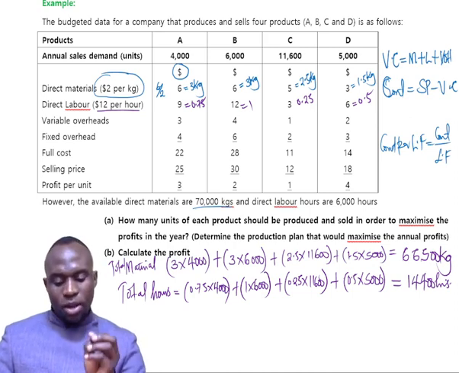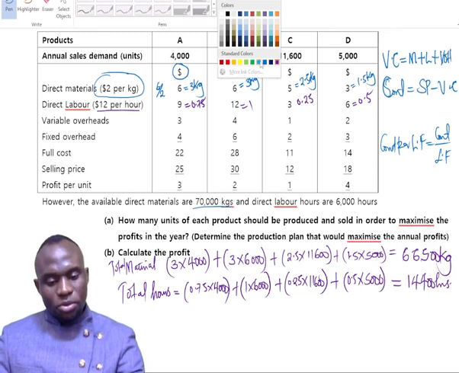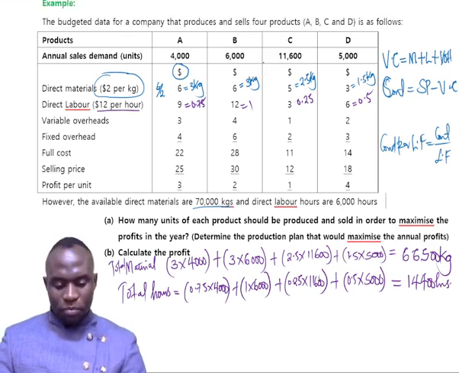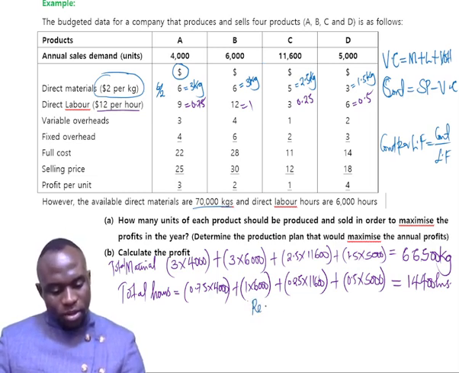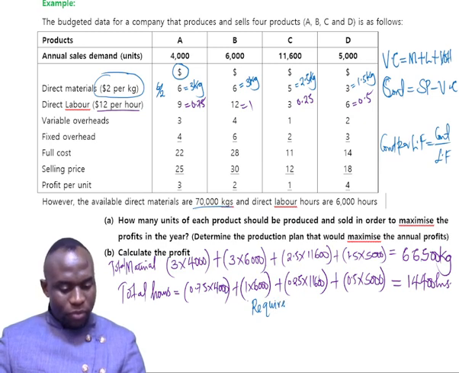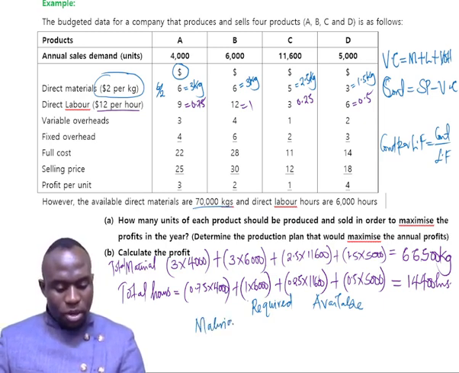Now you see, what I've done is what is required, but the question told us what is available. So we find out which one is the limiting factor. So we need what is required and what is available. What is required is what we've calculated for both material and labor.